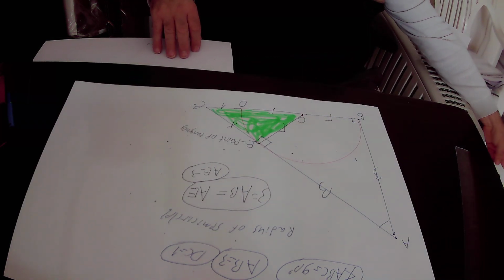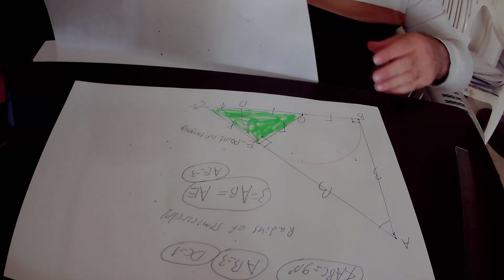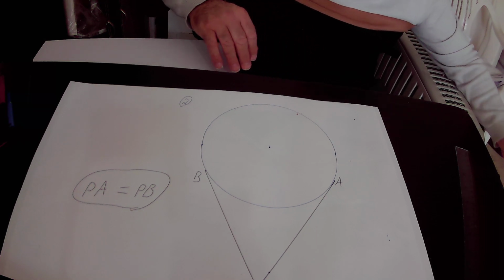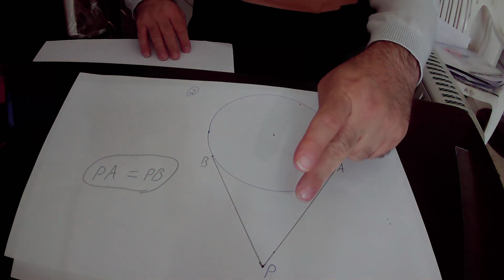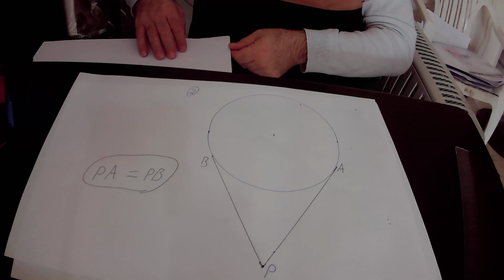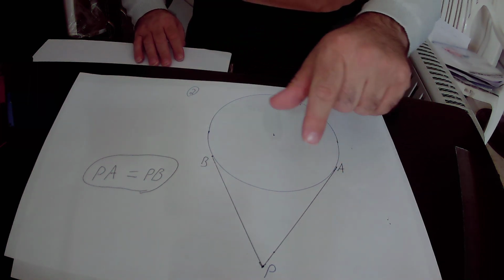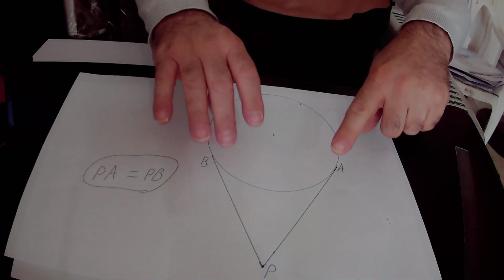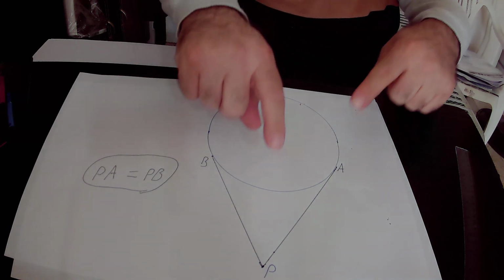It means that if you have an external point P of this circle, and from P you draw two tangents to this circle, then the lengths of those two tangents will be equal to each other. That is to say, PA equals PB.